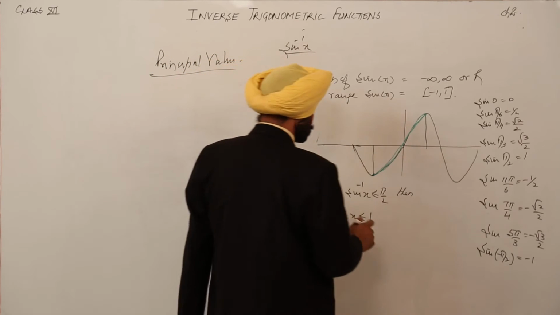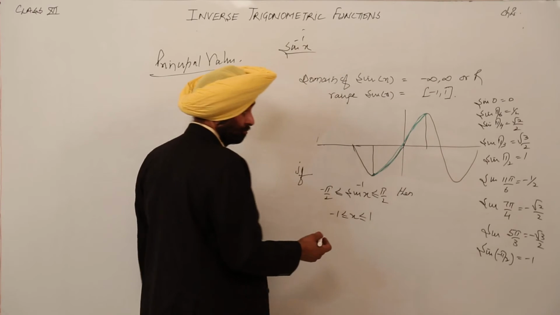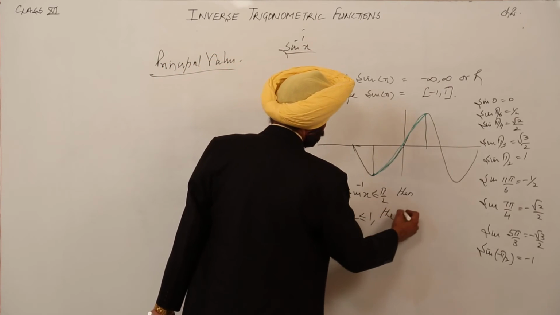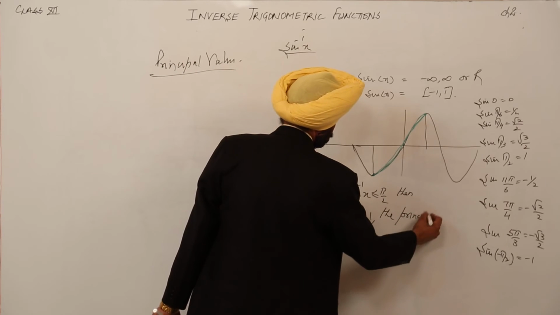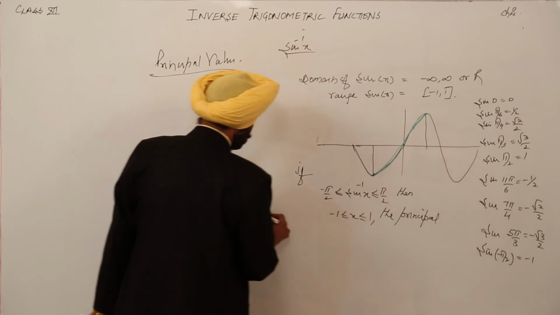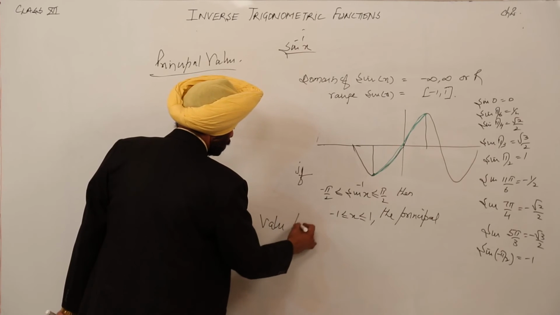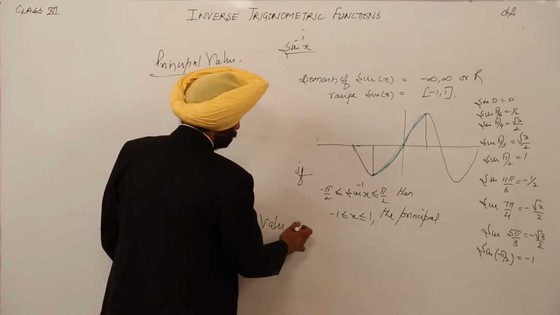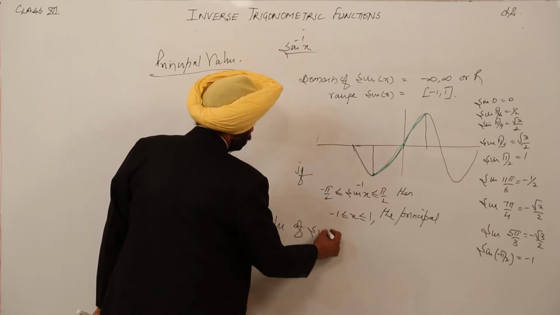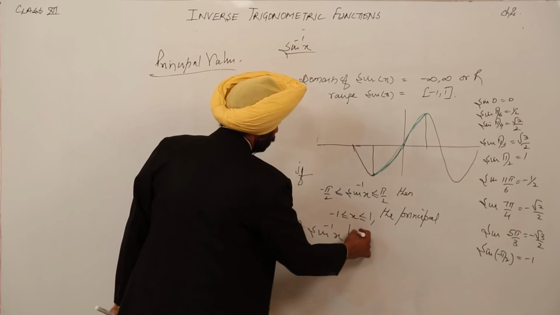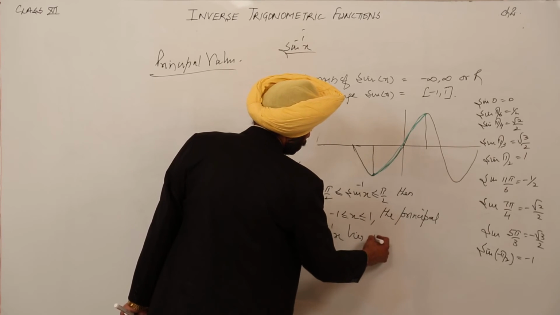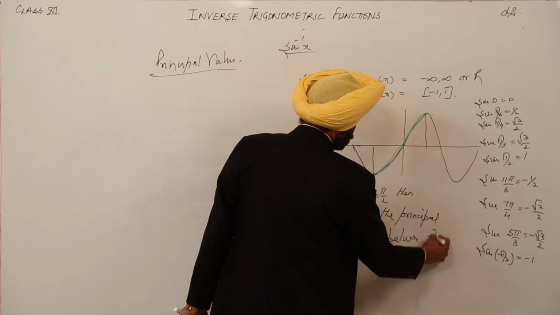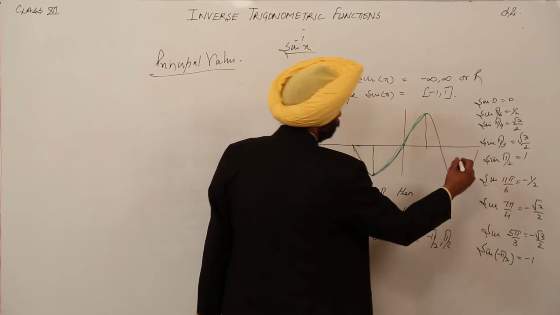Okay, and we can write that the principal value of sine inverse x lies in between minus pi by 2 and pi by 2.